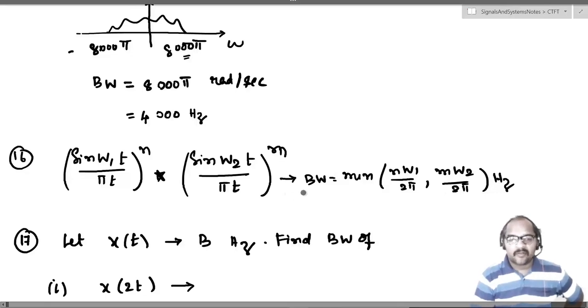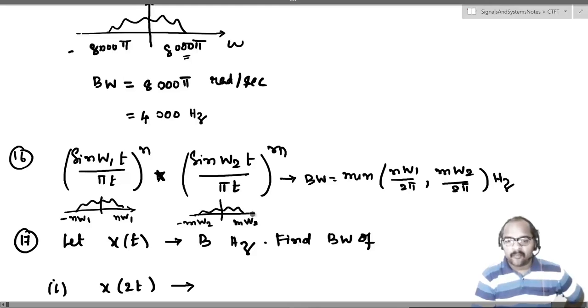And hence what happens to the bandwidth of this signal? This one's Fourier transform will exist from minus n w1 to plus n w1, and this one will have Fourier transform from minus m w2 to plus m w2.